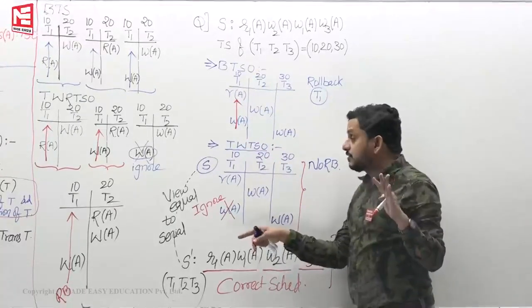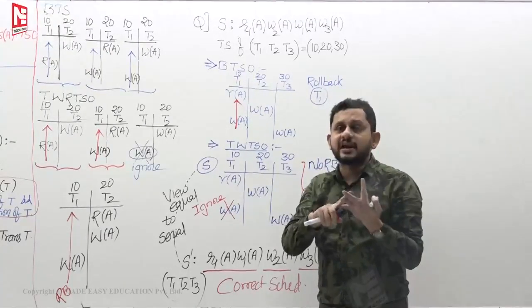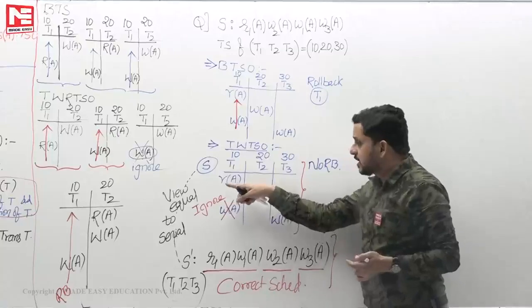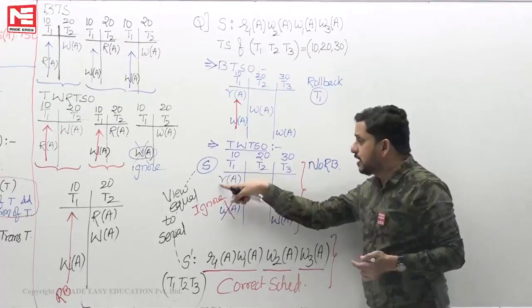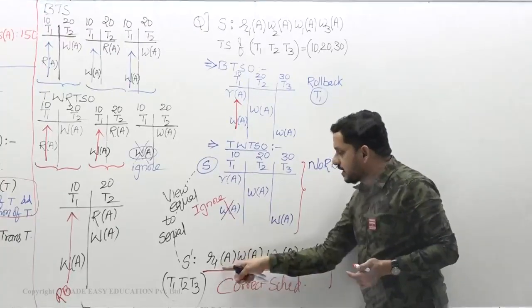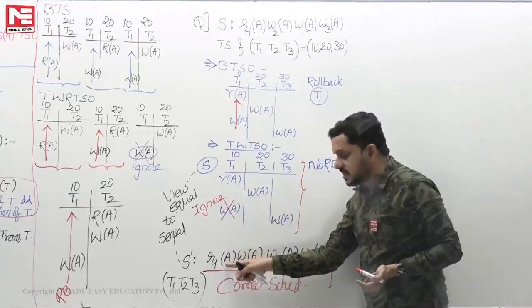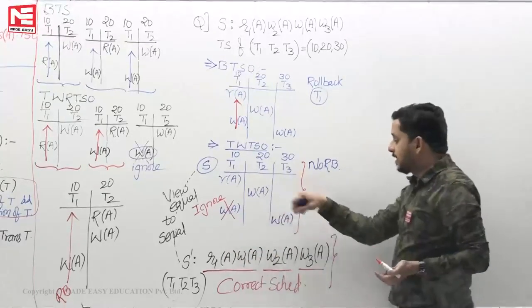How will we test view equivalence? Initial read should be the same, updated read should be the same, final write should be the same. The initial read of the given schedule: T1 reads A from the initial database. In the serial schedule also, T1 reads A from the initial database. Initial reads of S and the serial are the same, and there are no updated reads.